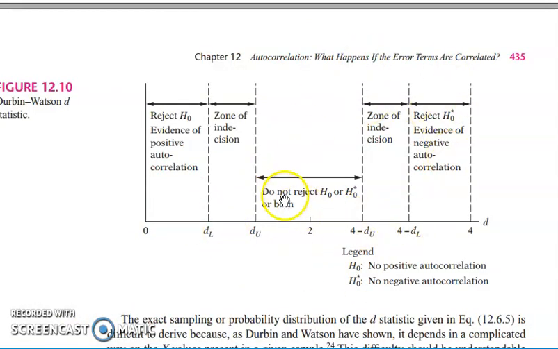This is the line just now between 0 and 4. This is the region for positive autocorrelation, and this is the region for negative autocorrelation. If it falls between these, then we do not reject H null.